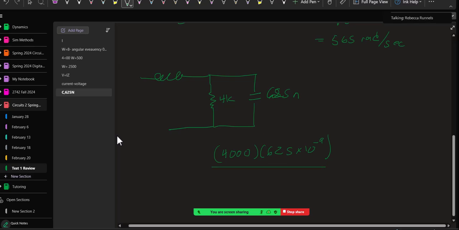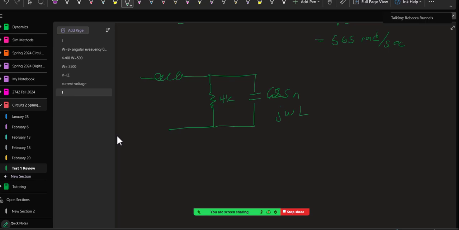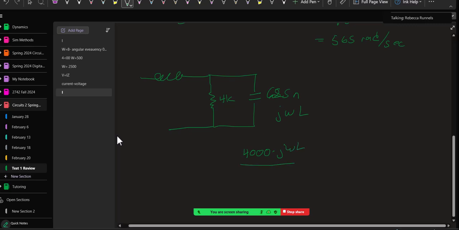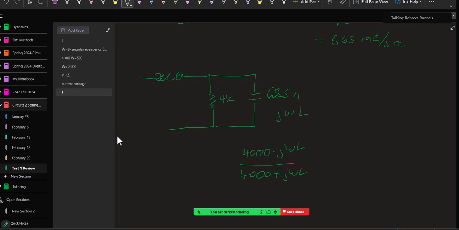No, never mind. Hold on, I haven't changed them to phasors yet. So this is j omega L. So it is 4,000 times j omega L over 4,000 plus j omega L. And then I'm going to add that to my inductor. Wait, sorry, that's in it. I'm getting tired.